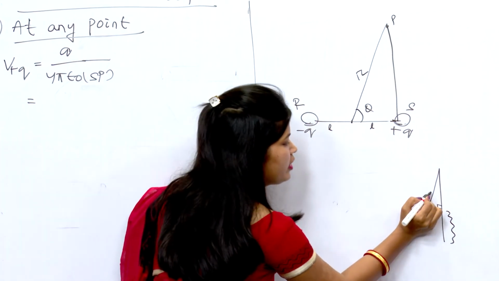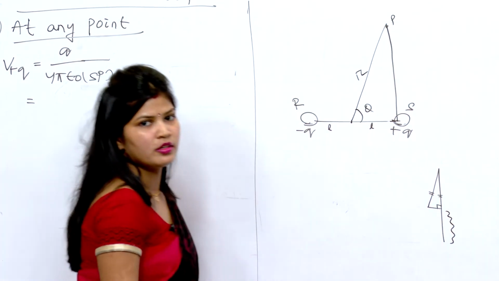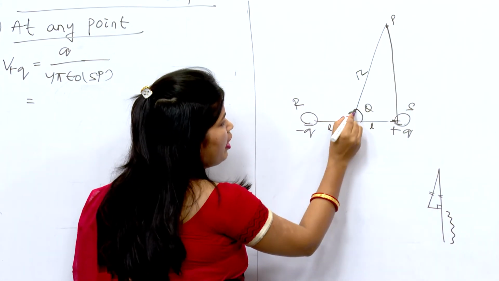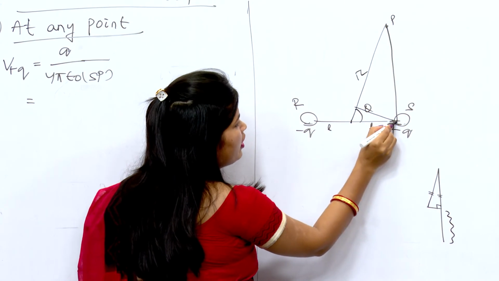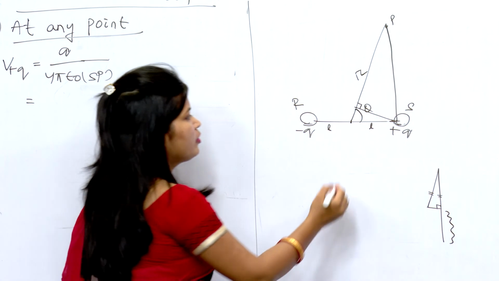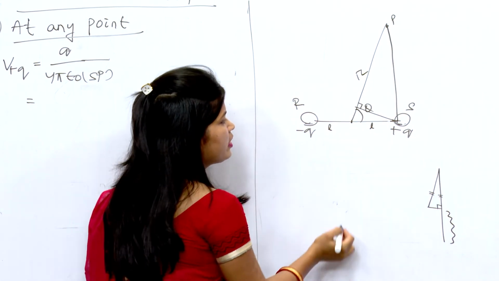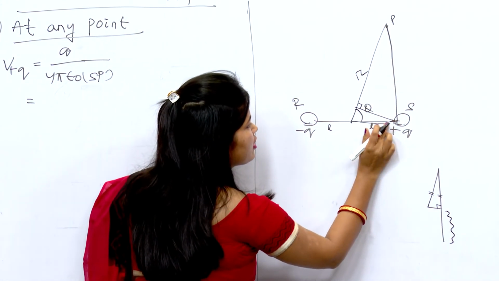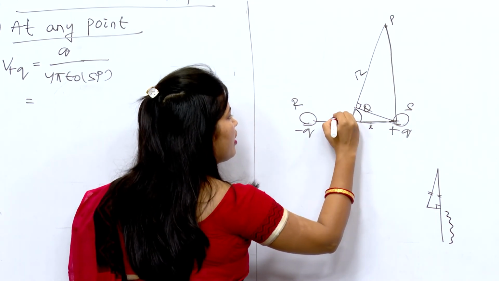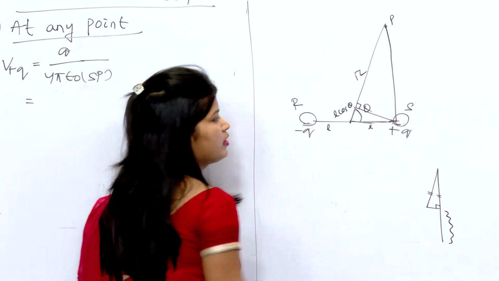Now, these two lines are equal, so in order to get the distance SP, I will put a perpendicular. You know the angle is theta, and here this distance is L, so this component will be L cos theta.